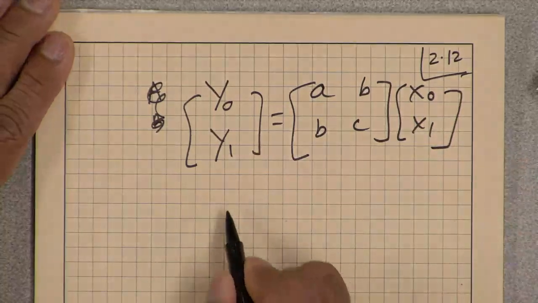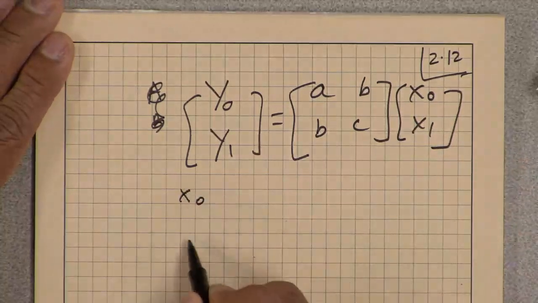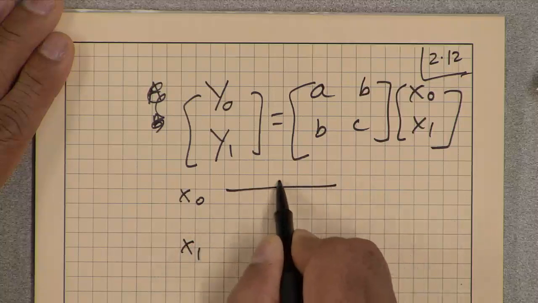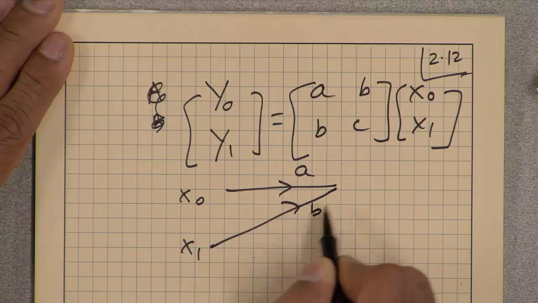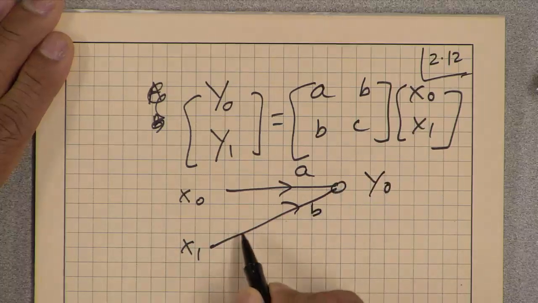Okay, so this is x0, x1, and x0 times A plus x1 times B is y0.